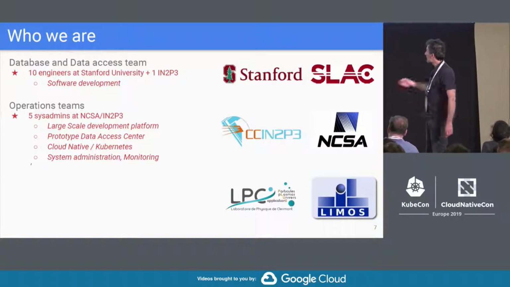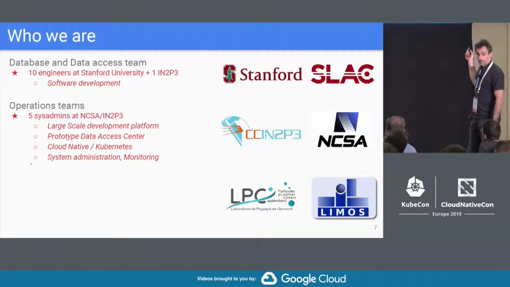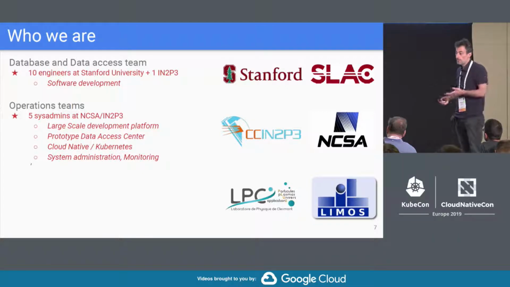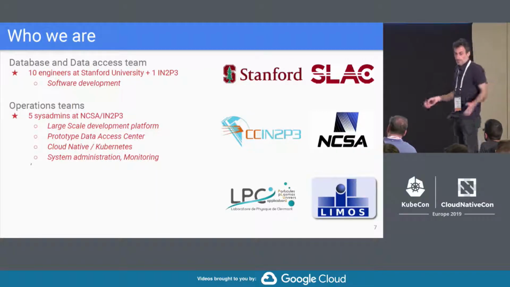And then we also have sysadmins in the large data centers, so NCSA, a 12,000 node data center, and IN2P3, a 1,000 node data center in France. And here we have our development platform, because to develop and test at small scale, we need at least 50 nodes. Because you see, we will have maybe 500 or 1,000 nodes in production. So we need a cluster to test.